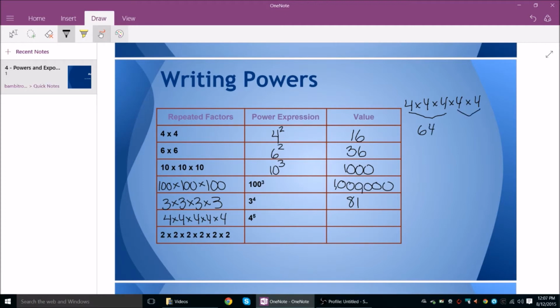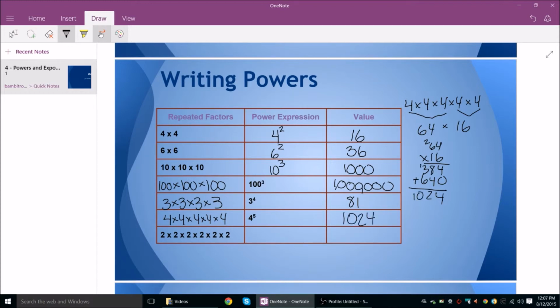And I know 4 times 4 is 16, so I'm just going to multiply 64 times 16 here real quick. I got 24, 38, add my 0, 4, 6, add these together, 4, 12, 10, so 1,024.